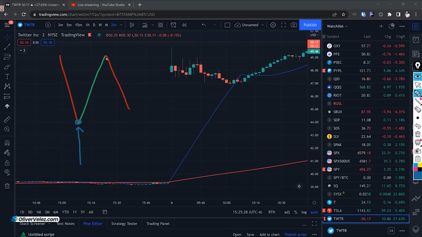What if I told you, traders, that there's only 7 pictures of that transfer? What if I told you that there's only 7 ways that fear can transfer to greed, and there's only 7 ways that greed can transfer back to fear?